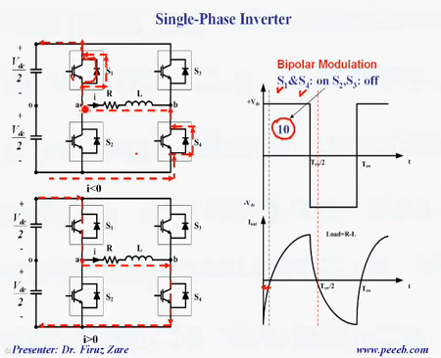So this terminal is connected to plus VDC, and this diode also conducts, so this terminal is connected to minus VDC. So here we can see that the output voltage is positive VDC while the current is negative. That means this is the current loop.